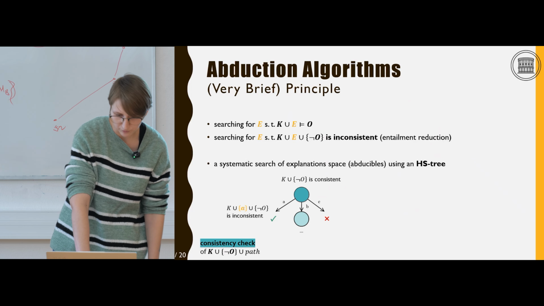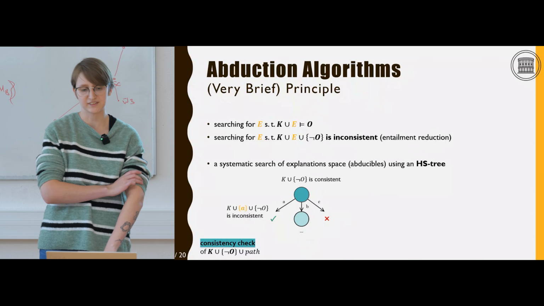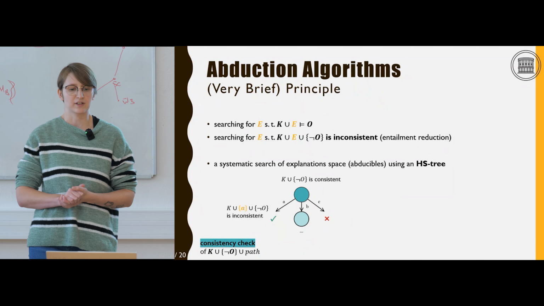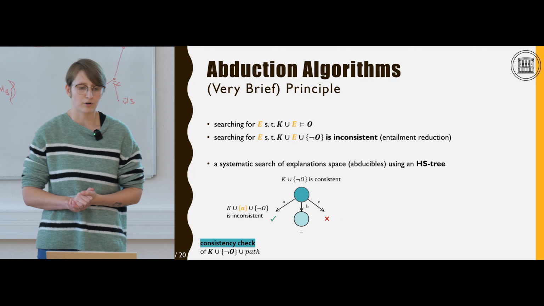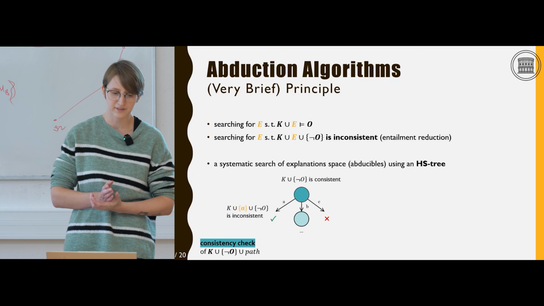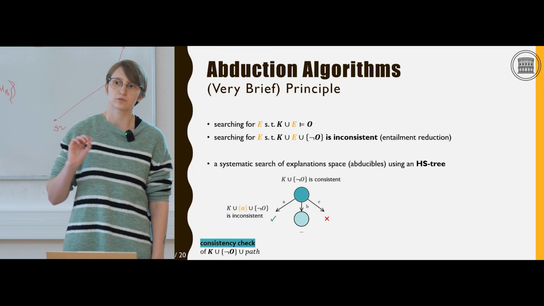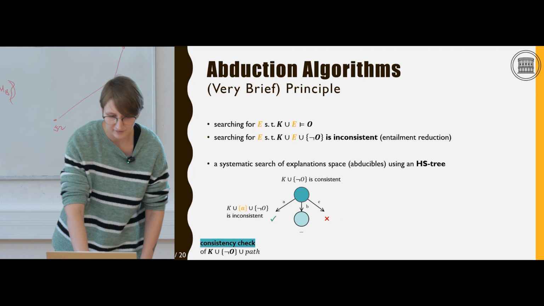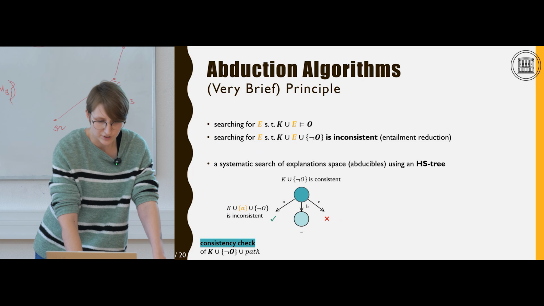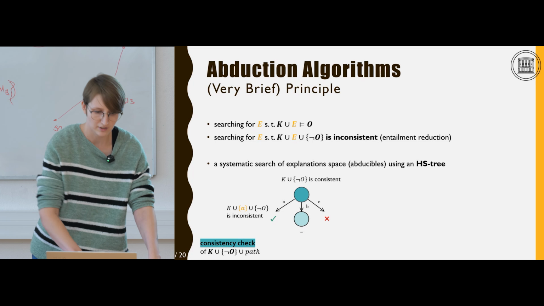So if I have to summarize it, in each node of these trees, we are doing a consistency check of the union of K, the negated observation O, and the path from the root of the tree to that certain node. And on the edges, we have some elements from the abducibles.